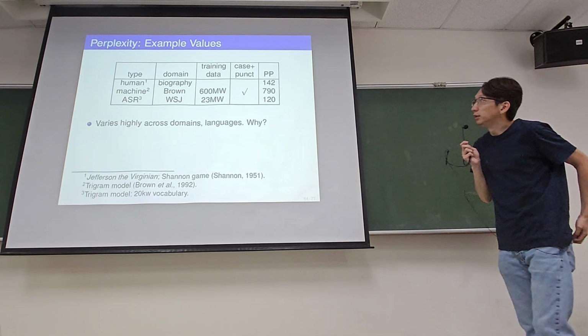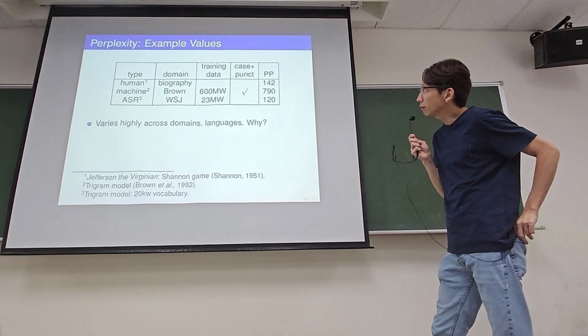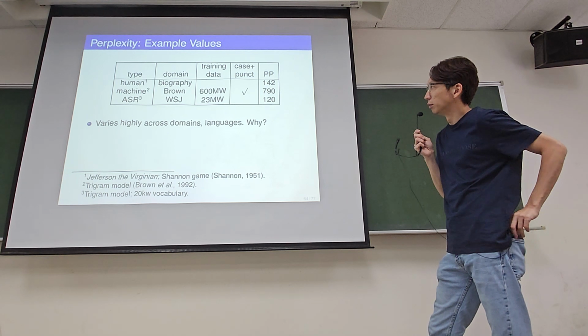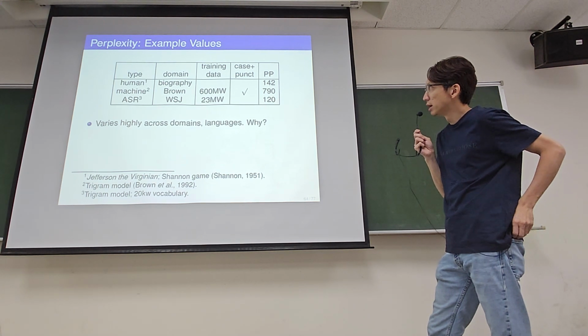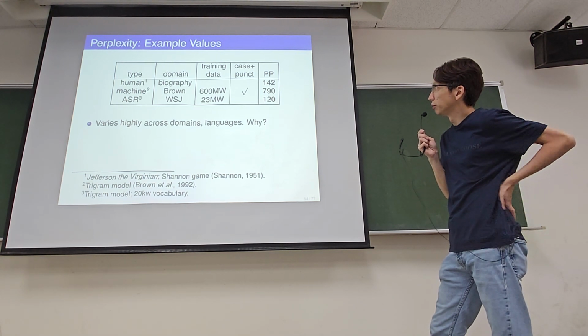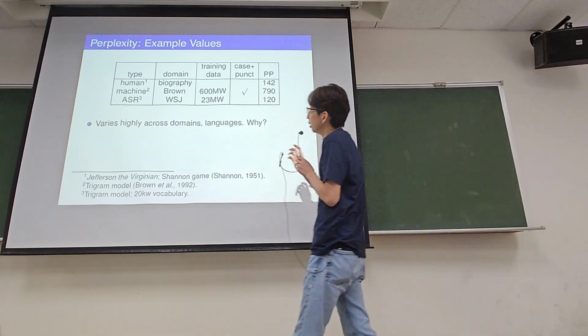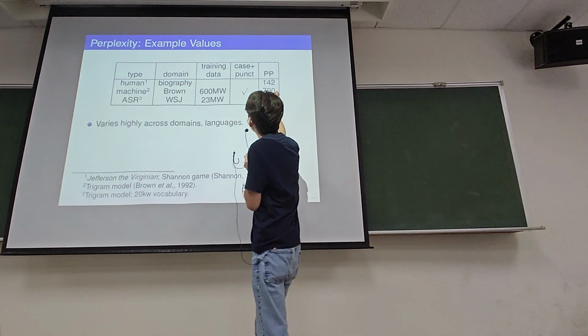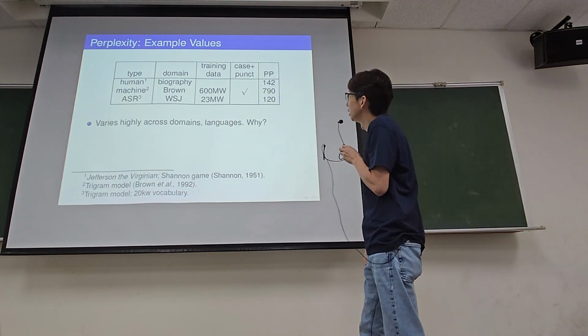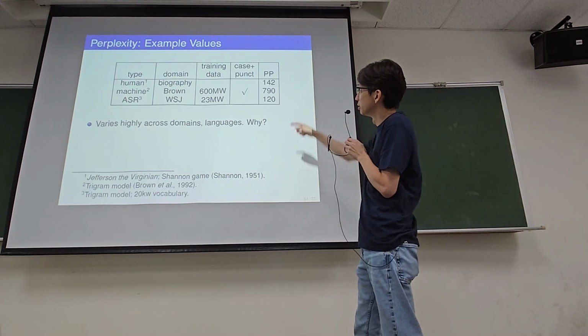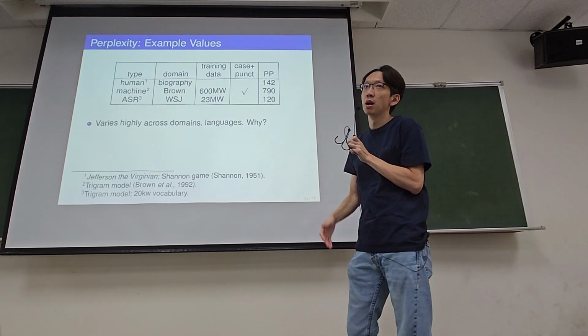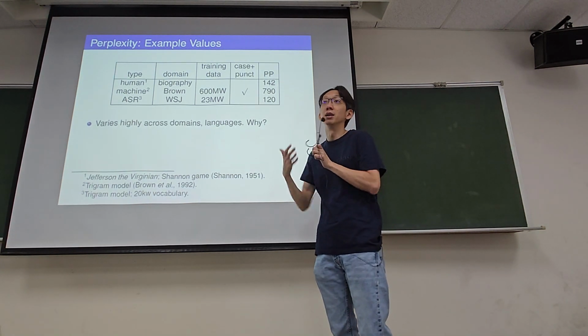Here's the thing. The Brown data set is 600 million words, and the Wall Street Journal is 23 million words. The perplexity of the first is about 790, and the Wall Street Journal is about 120. So again, perplexity also depends on the data sets.